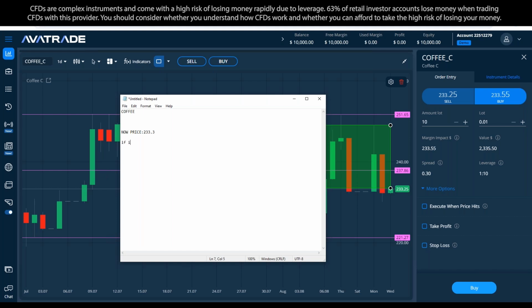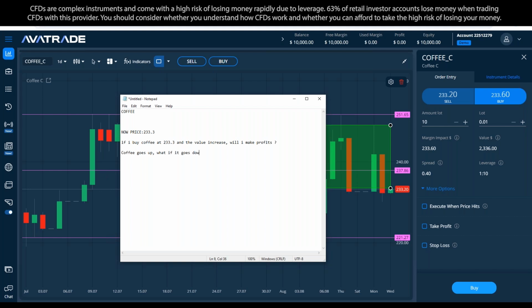If I buy coffee at 233.3 and the value increases, will I make profits? What do you think, guys? Let's suppose that I told you this is a buy and coffee went up. Coffee goes up. The answer is yes.